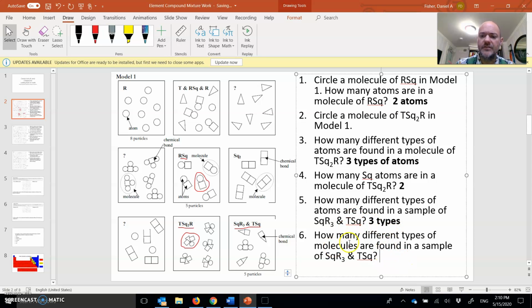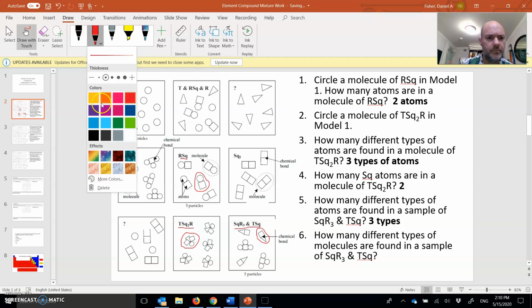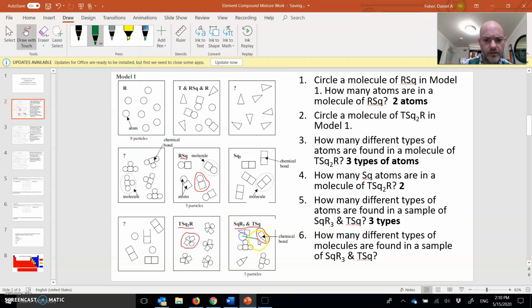And then how many different types of molecules are found in a sample of SQ, R3, and TSQ? Well, if I look at it, I've got this one right here, which is a triangle and a square together. So that's probably the TSQ. And then I also have this one right here, which is a square and 3 circles.